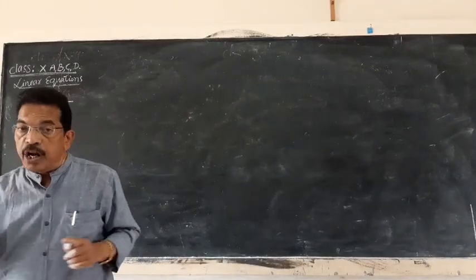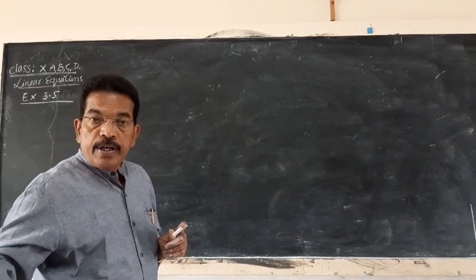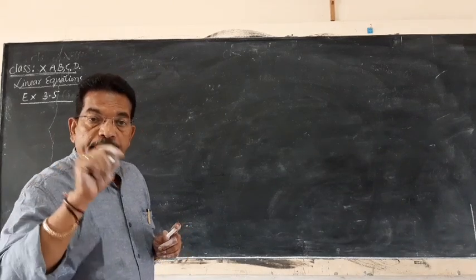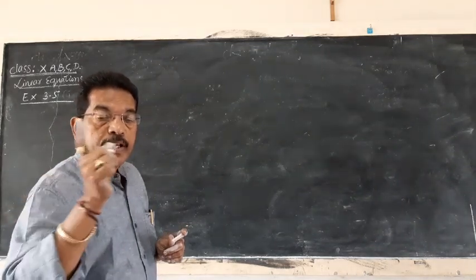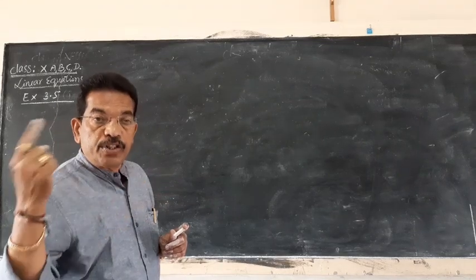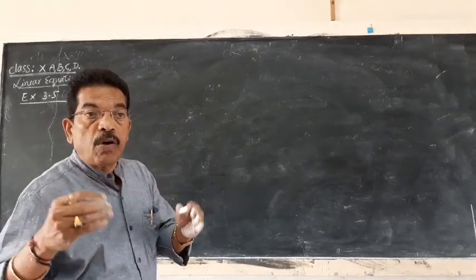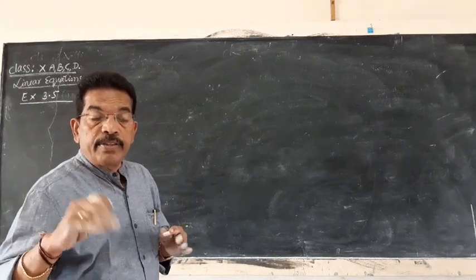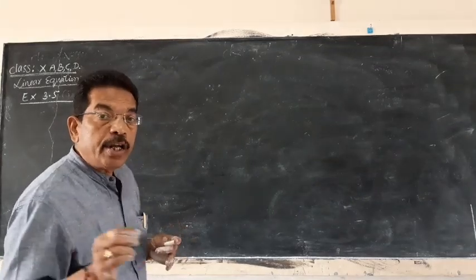You know, there are 3 methods for our examination in solving a pair of linear equations. I have told the first one is the substitution method, second one is the elimination method, which everybody usually solves with. Then the third method is the cross multiplication method.